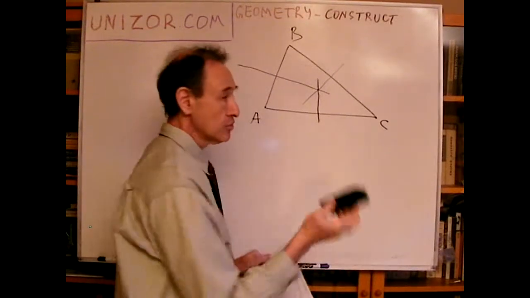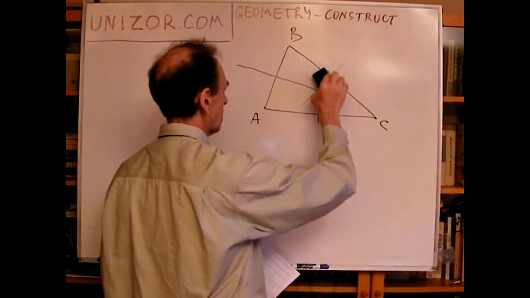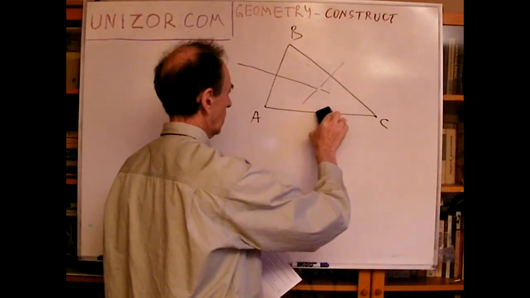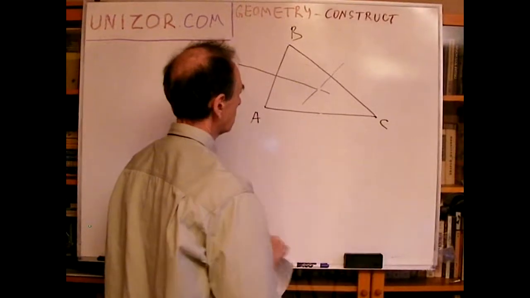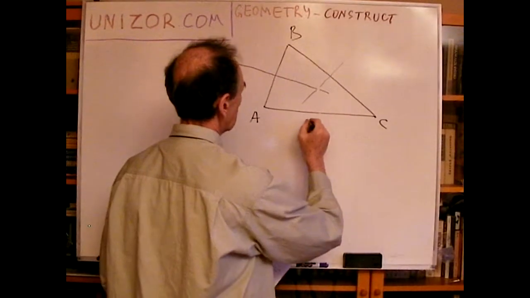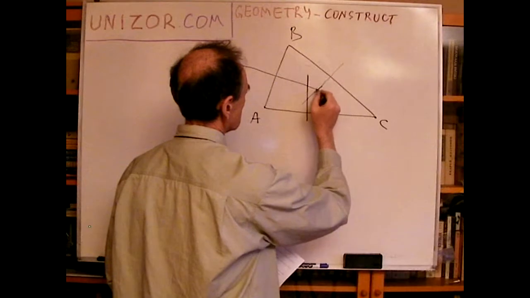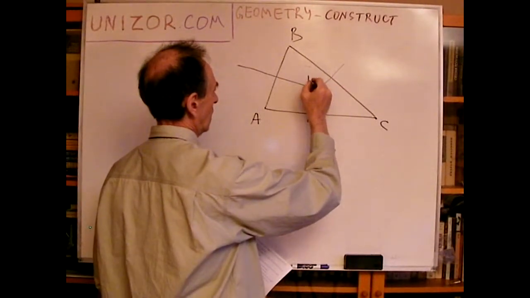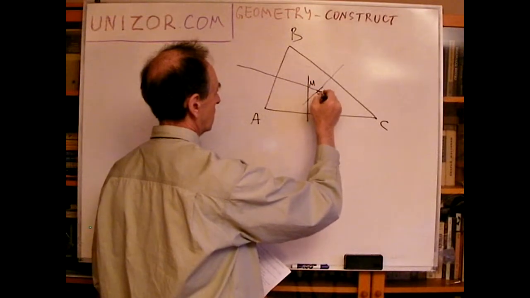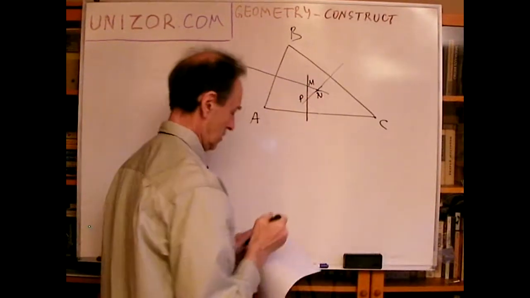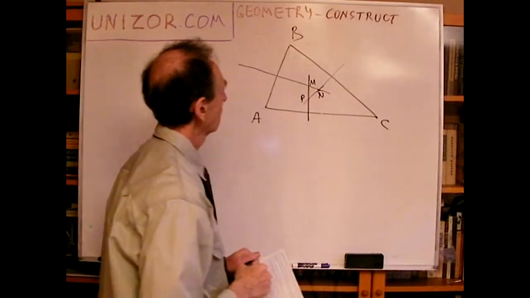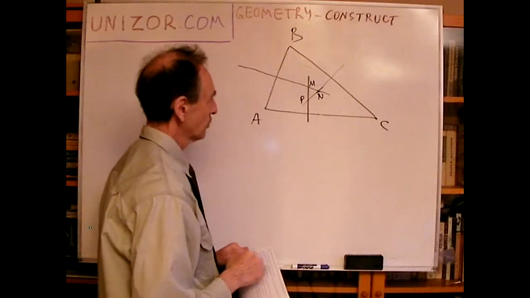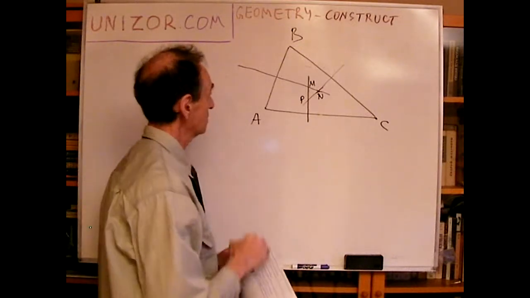Let me just assume the opposite, that the line which is a perpendicular bisector to AC crosses this way. So I have 3 points, M, N, and P. Now let me try to prove that this is actually impossible.